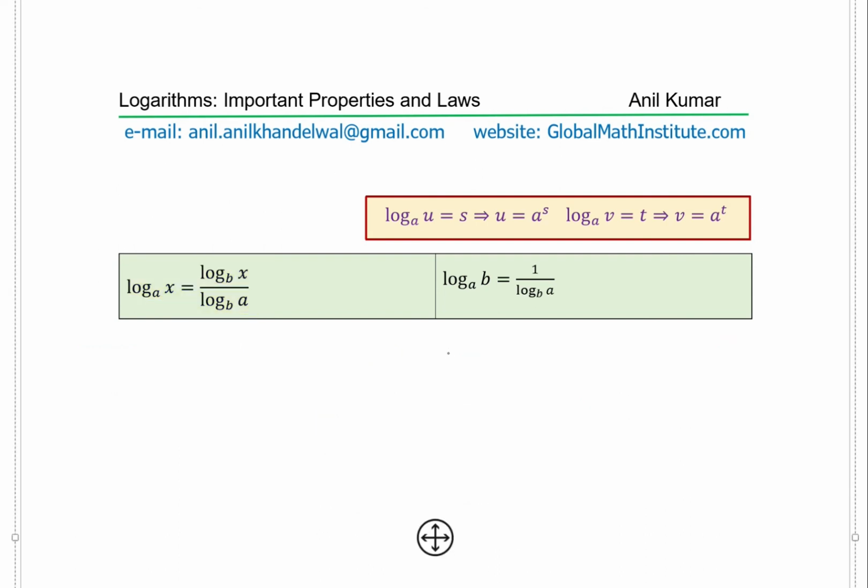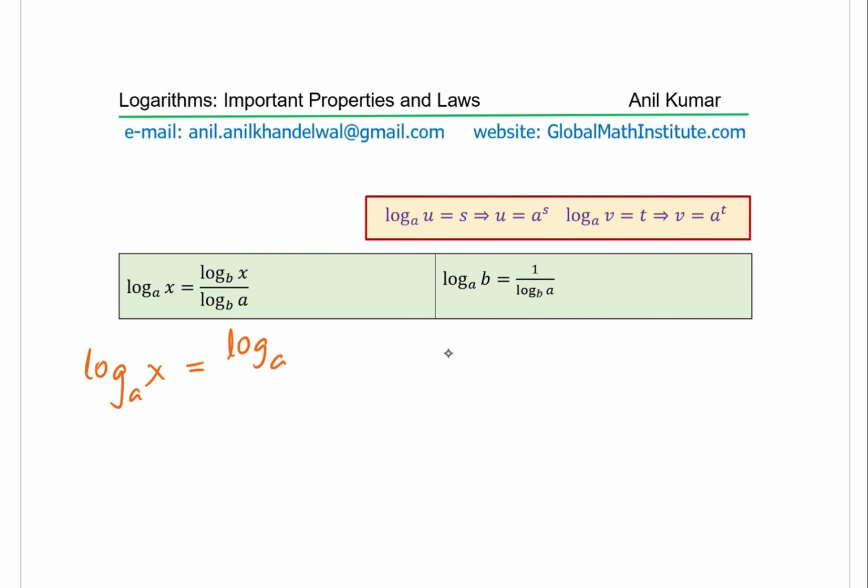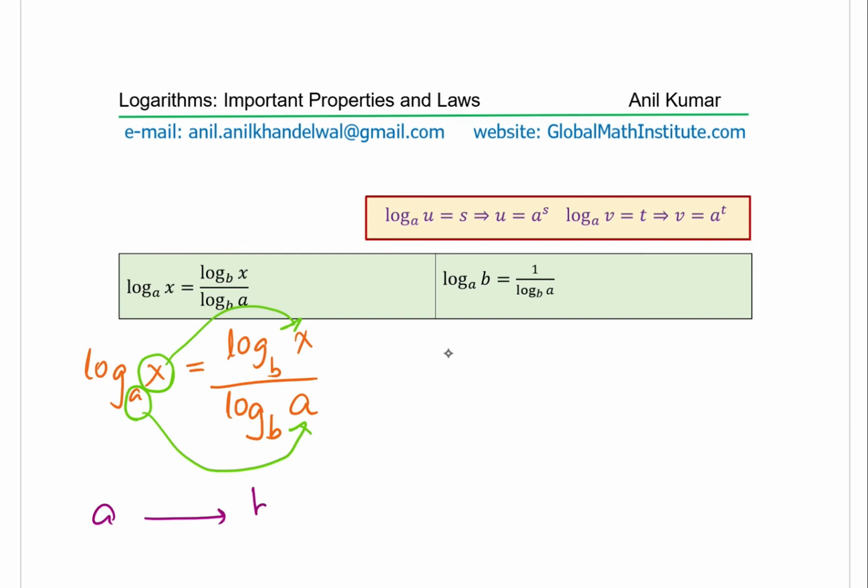We have already shown that log to the base a of x is log to the base b of x over log to the base b of a. So notice what kind of changes we are doing here. This part x is right in the numerator, and this part a is right there when you are changing the base from a to b.